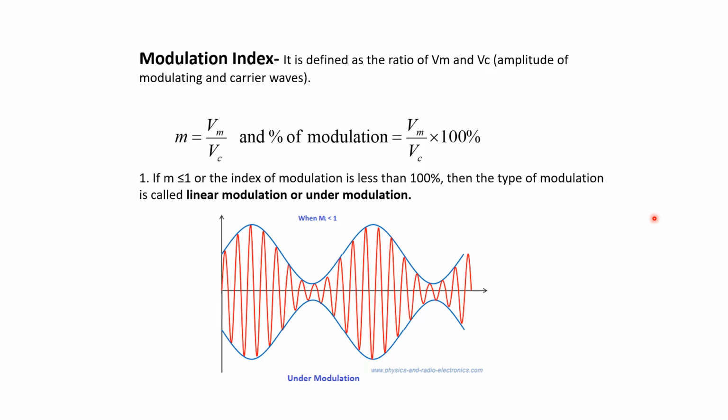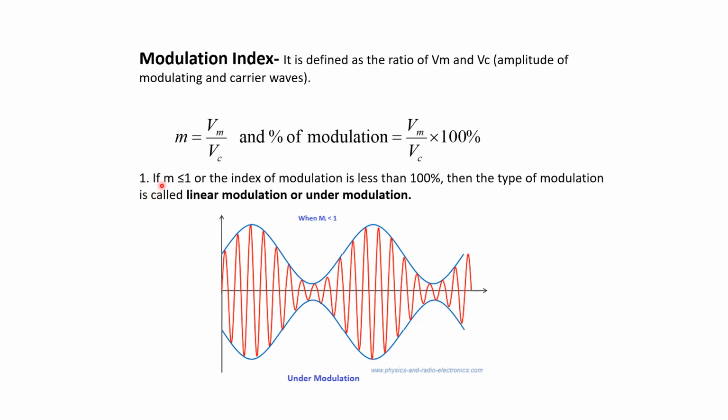We will see in further slides how this modulation index value gives us the idea of quality of the received signal. Let us see how it is capable of giving an idea of the quality of the signal which will be received at the receiver.